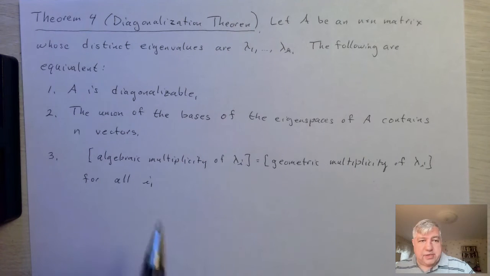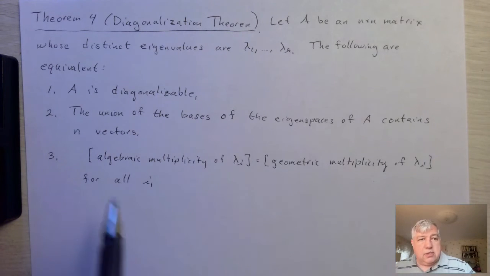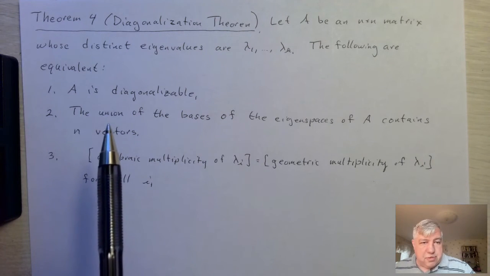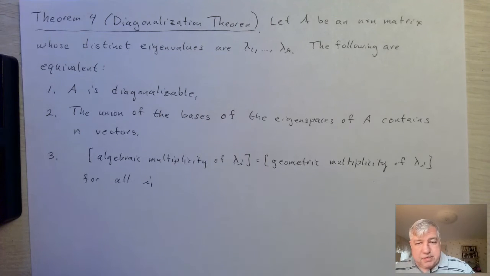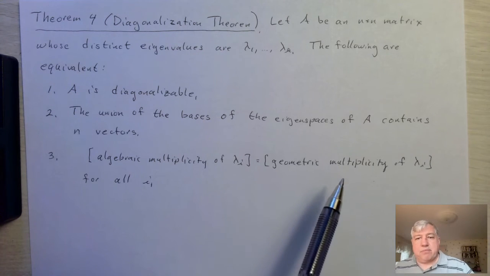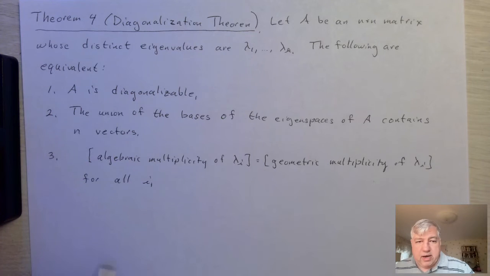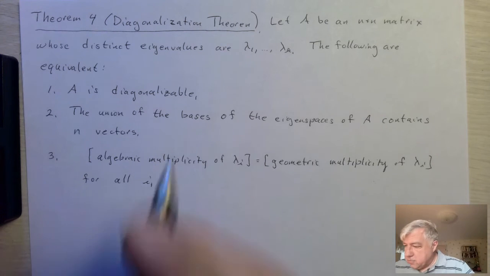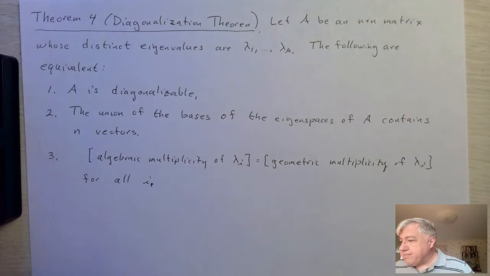First, A is diagonalizable. Second, the union of the bases of the eigenspaces of A contains n vectors. And third, the algebraic multiplicity of lambda i is equal to the geometric multiplicity of lambda i for all i.